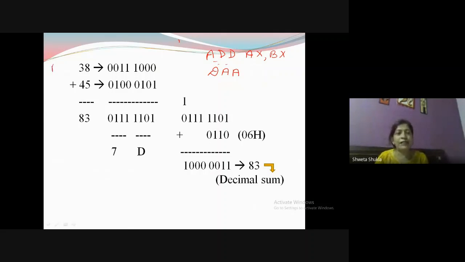Now let us suppose this is AX and this is BX, 38 and 45. So what is going to happen? See, 38 is written as 0011 1000. 45 is 0100 0101, 4 as this and 5 as 0101.